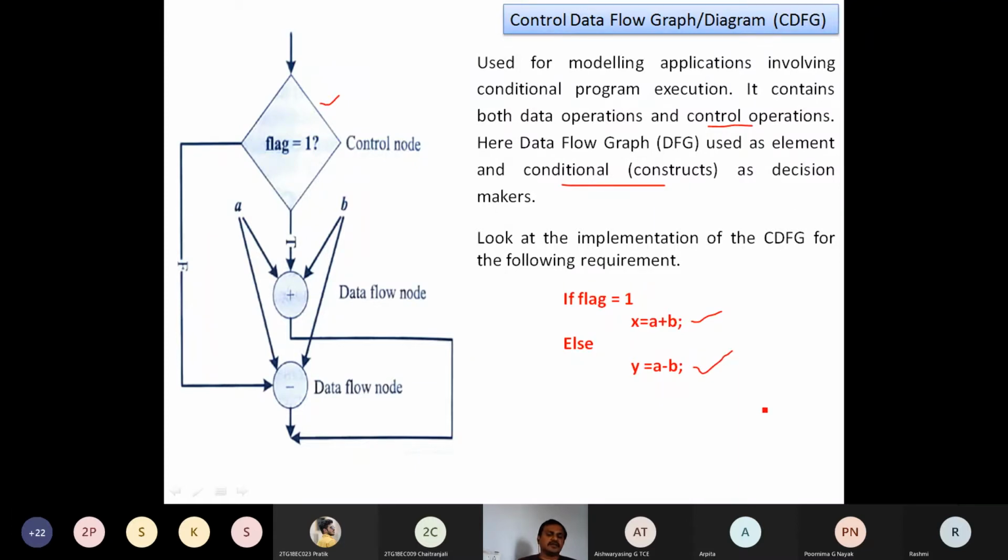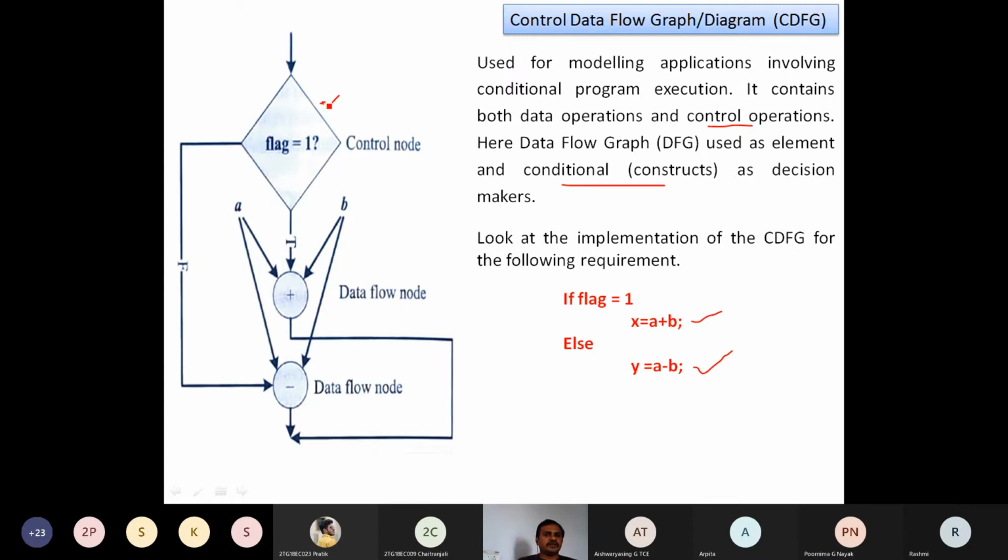So how are we going to represent this problem requirement? Through a graphical approach. With the help of a control data flow graph, we can achieve this problem statement. So the solution for this problem statement is by using the data flow graph plus the control operations.